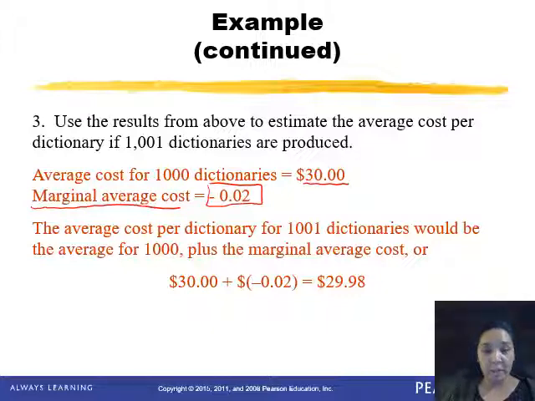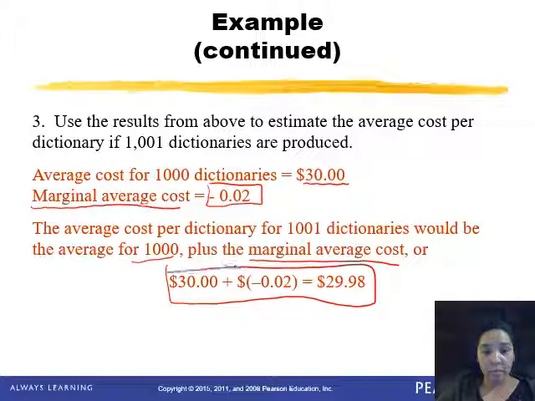So the average cost per dictionary for 1,001 dictionaries would be the average cost for 1,000 plus the marginal average cost, or $30 plus minus 2 cents. And so the average cost for 1,001 dictionaries is $29.98.